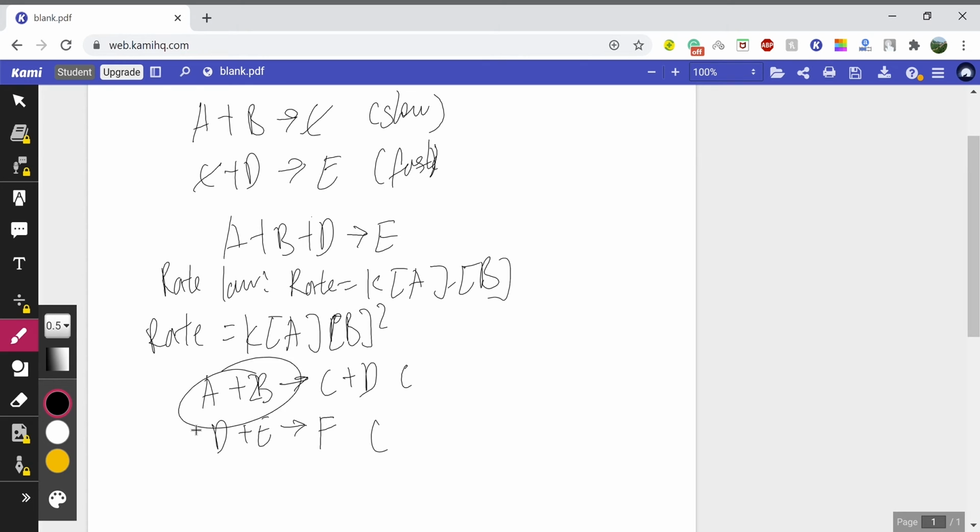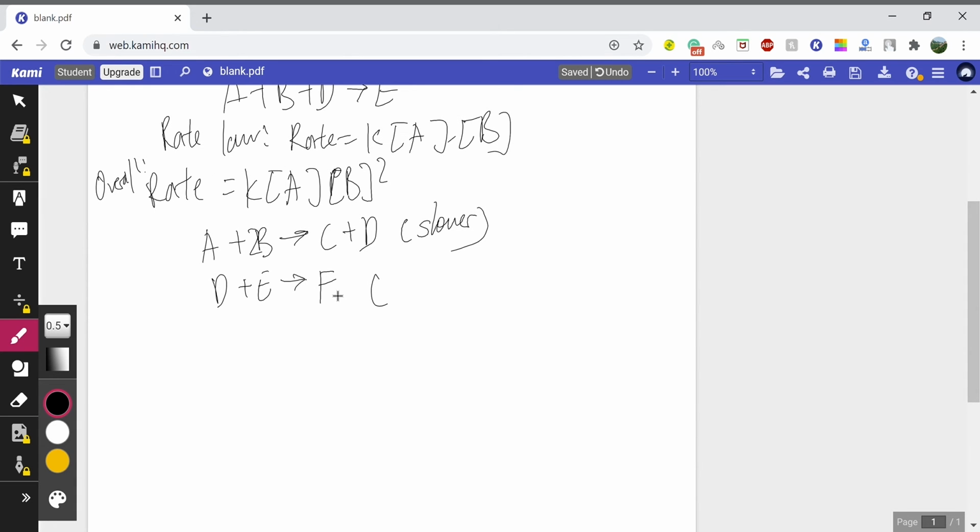Well, in this case, you obviously know that this one is slower, because the overall rate law shows you there's 1 A and 2 B's in the elementary step. And the slower one will determine the overall rate. So this elementary step is the slower one, which determines the overall rate law. The rate law for the slower elementary step is the rate law for the overall reaction.